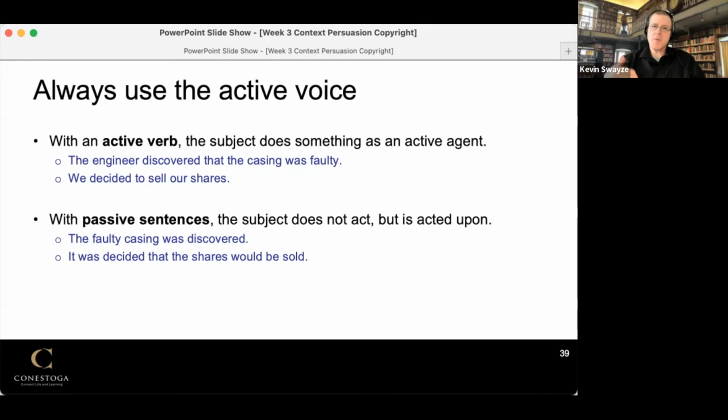Always talk about something happening to something. Don't talk about how this had this happen to it. Usually if you're talking in an active way, the sentences are shorter, because you think about something happening, not that something has happened. So active, we decided to sell our shares.